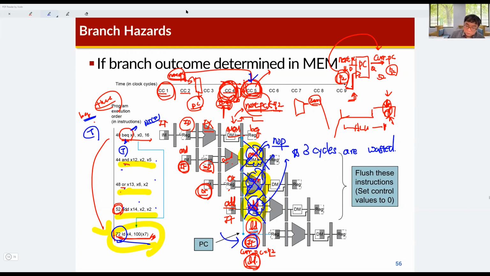So we need to cancel 3 stages of the pipeline processor in this case, which means 3 cycles are wasted because of a true branch instruction. If the result of the branch instruction is true, cycles are wasted, and that means it's a hazard. But what's the reason for the hazard? It's the branch instruction, the control instruction. So this hazard is called control hazard.